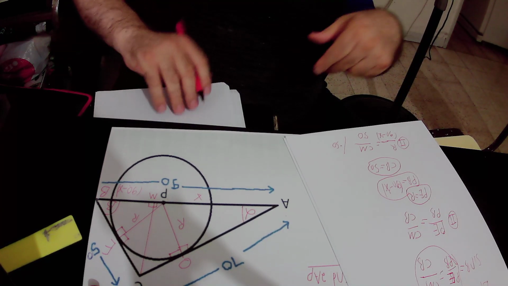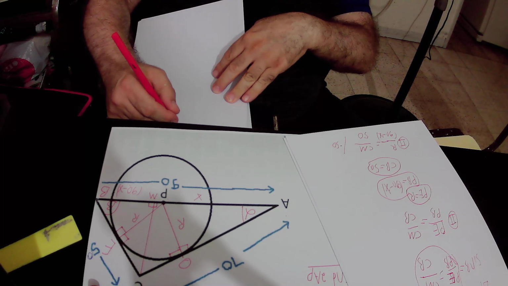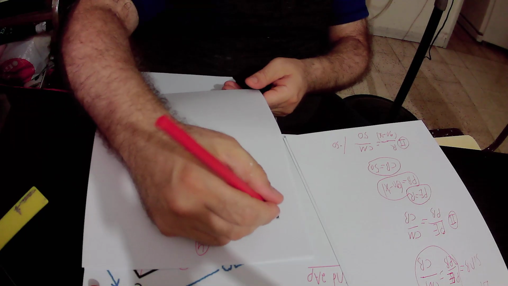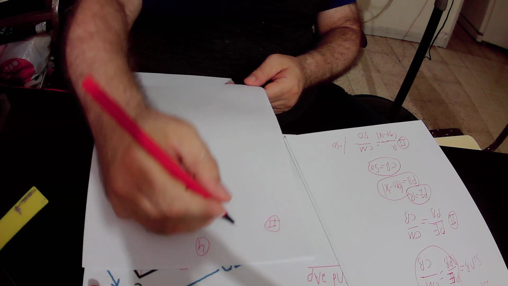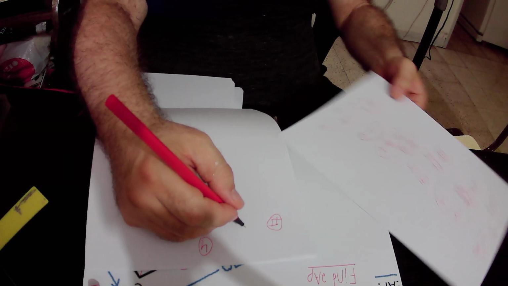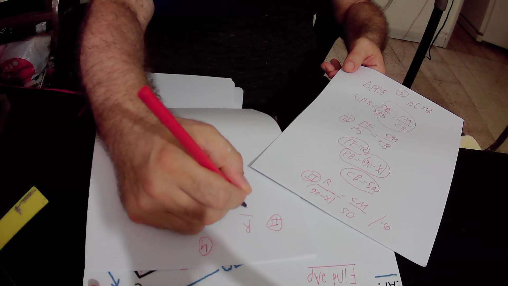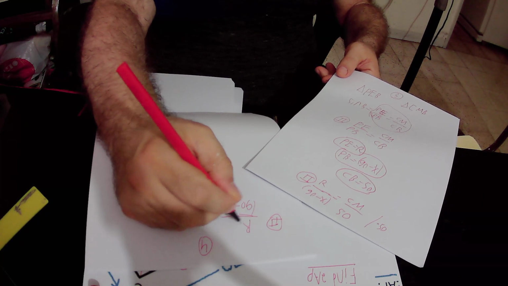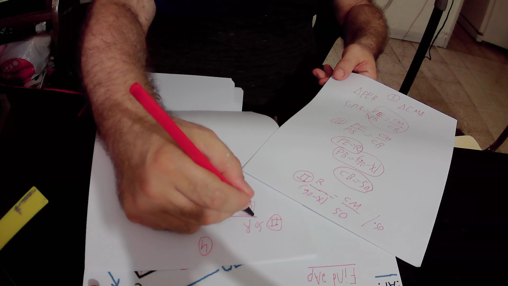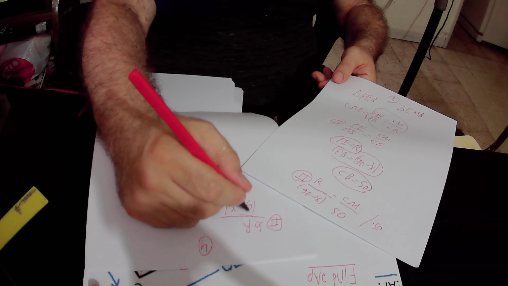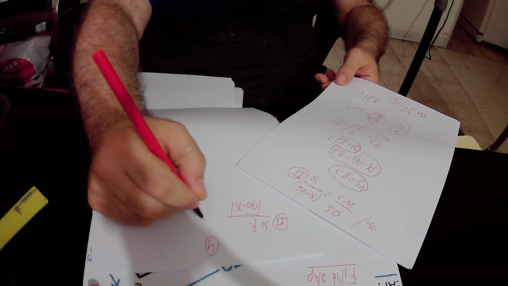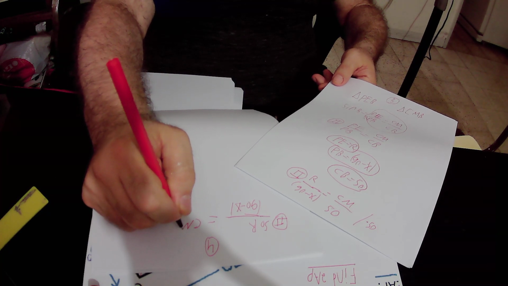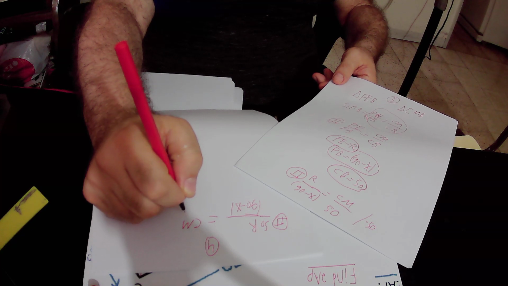We'll get that R over 90 minus X times 50 equals 50 times R over 90 minus X, all equals CM, because CM divided by 50 times 50 equals CM.